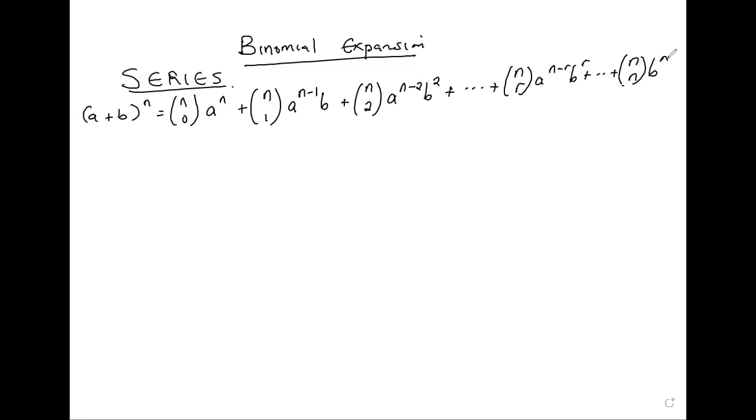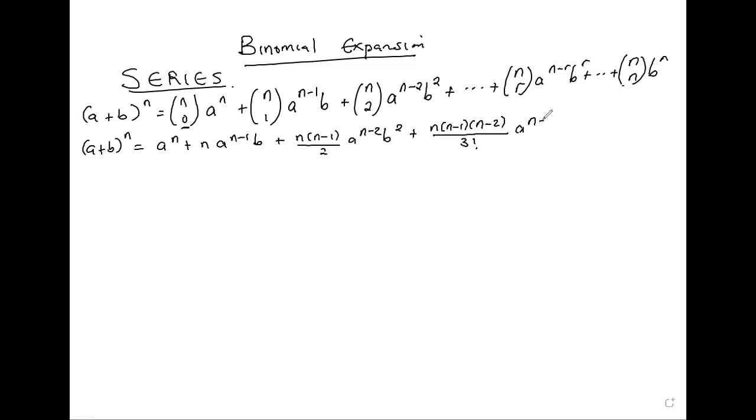Then we resolved this to be (a + b)^n. If you solve this, we are getting a^n + n a^(n-1) b + n(n-1)/2 a^(n-2) b^2 + n(n-1)(n-2)/3! a^(n-3) b^3.